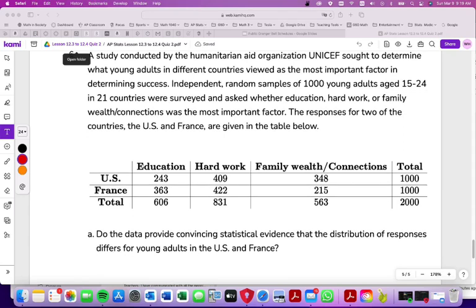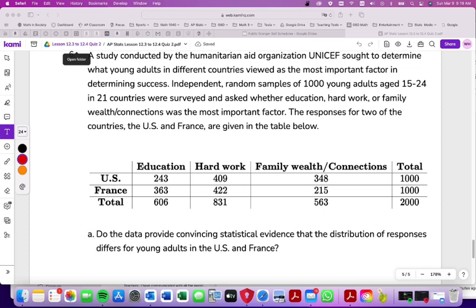So, part A: do the data provide convincing statistical evidence that the distribution of responses differs for young adults in the US and France? So you see that there are two separate populations, one from the US, one from France, and you have two separate samples, one from the US, one from France.